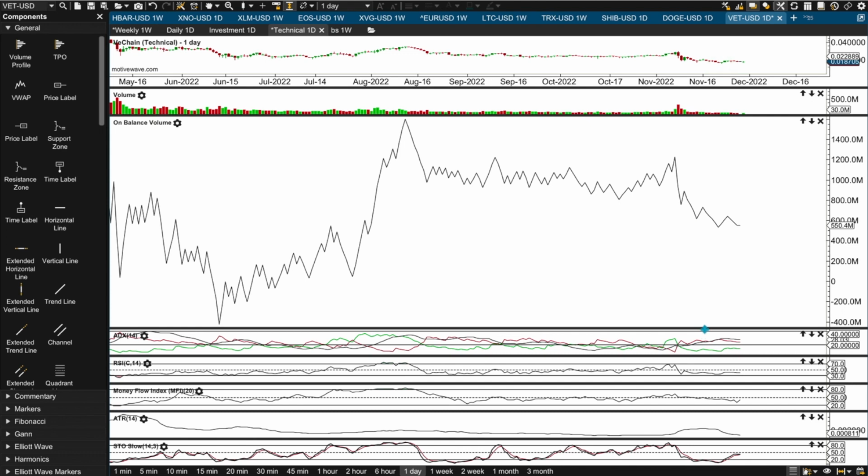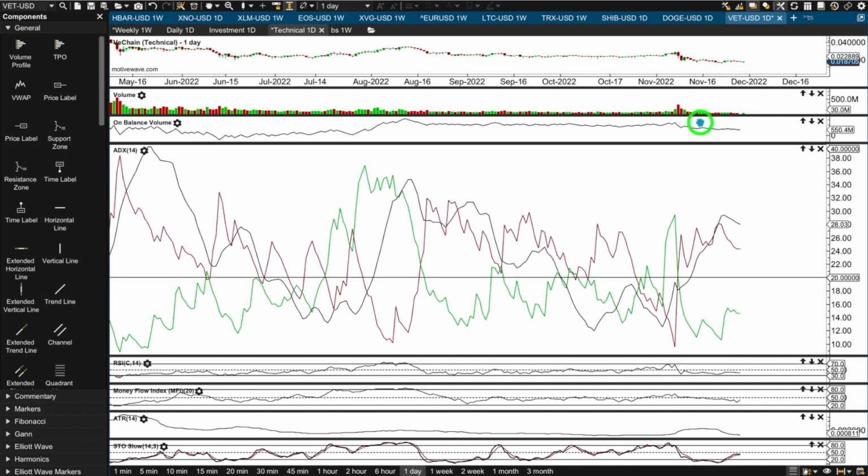So yes, there is bullish divergence between price and on balance volume that can be relied upon as most likely, not certainly, most likely to be indicative of, if not a low in place here, then one coming up sooner rather than later.